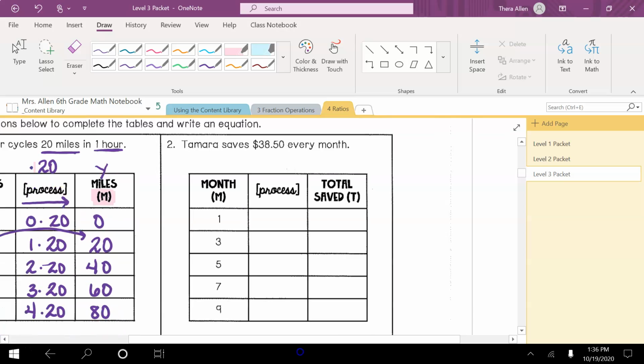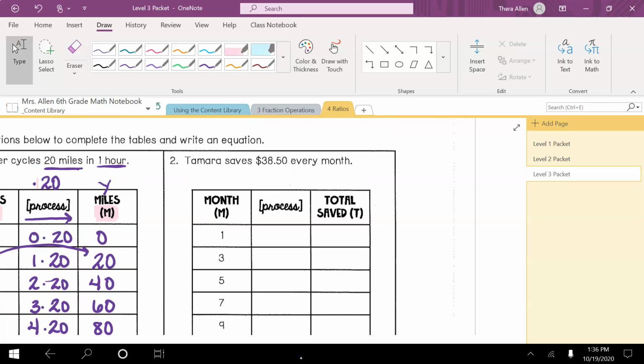Let's do one more example. Tamara saves $38.50 every month. We have our x, we have our y, and we have our process. For 1 month, she saves $38.50.